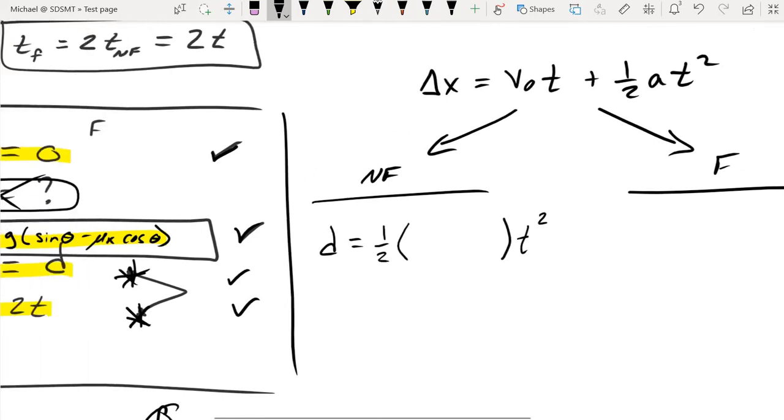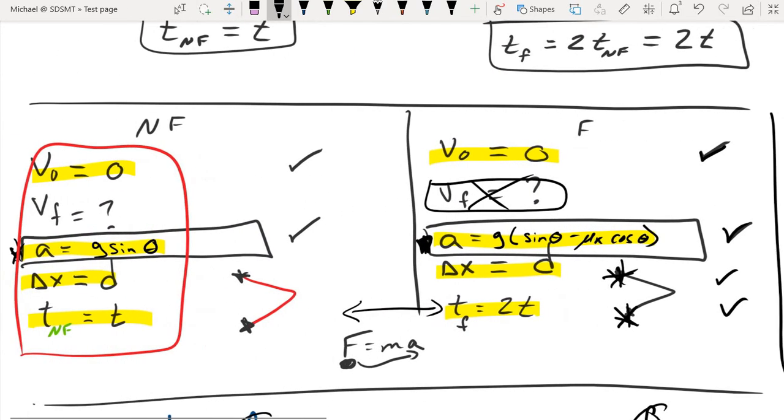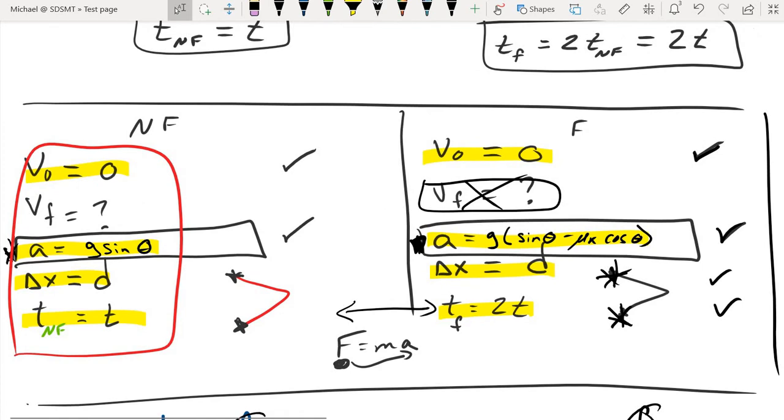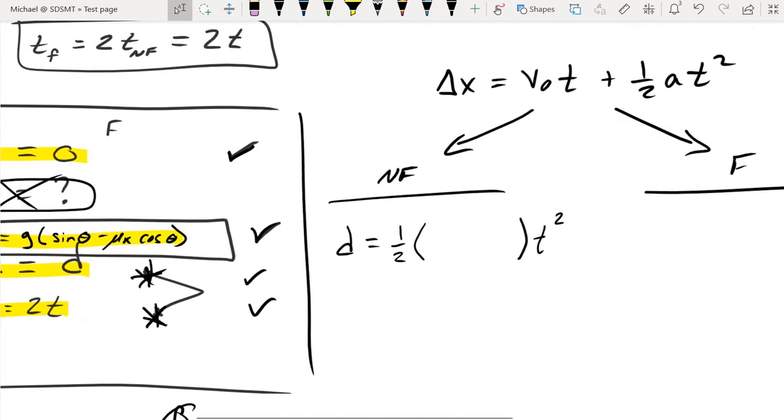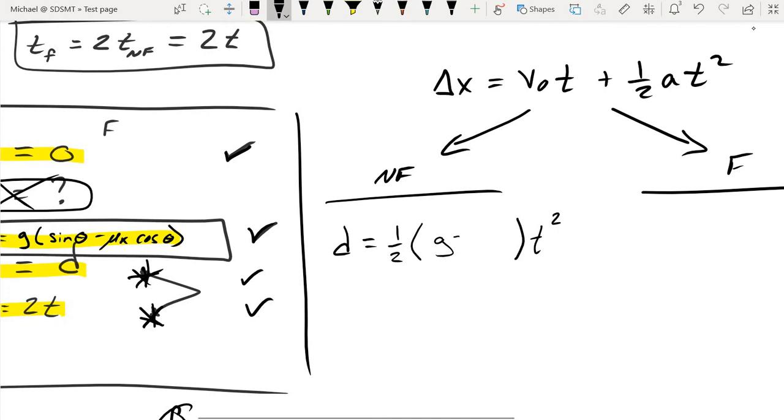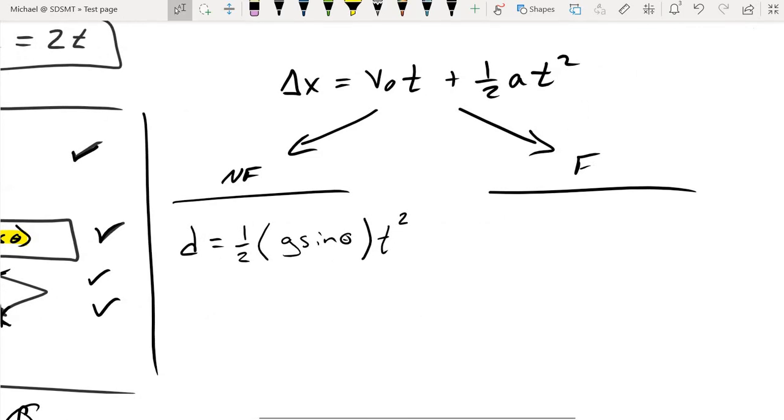So the time that we had for the pig in the non-friction case was just t. The acceleration for the pig was g sine theta. So there's our equation for the non-friction case.